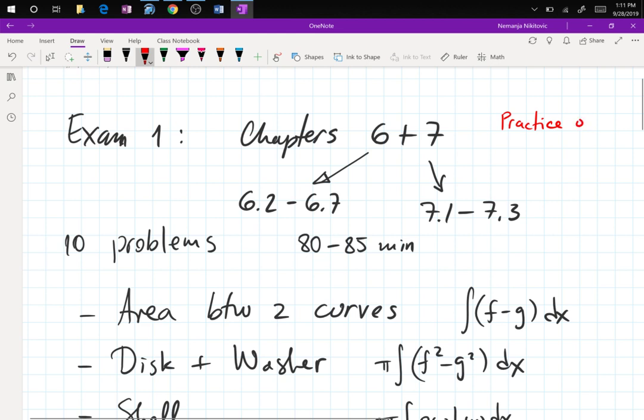Practice on MML, chapter 7 post test. Those are the sample exams, and you find those sample exams in MyMathLab.